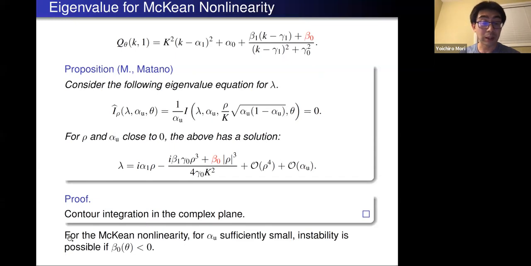So again, what we have shown here, without going into the technicalities, is that for the McKean nonlinearity, if alpha u is sufficiently small, an instability is possible when beta zero is negative.